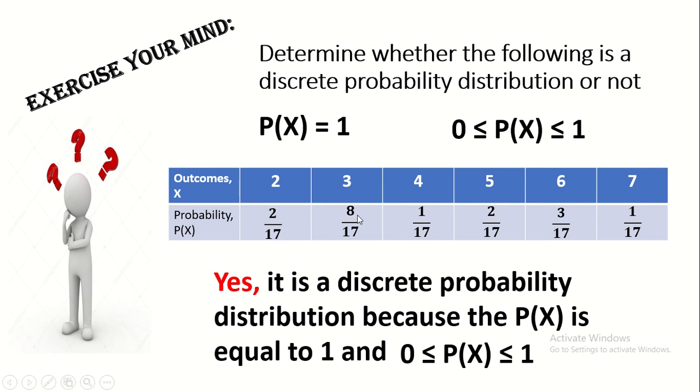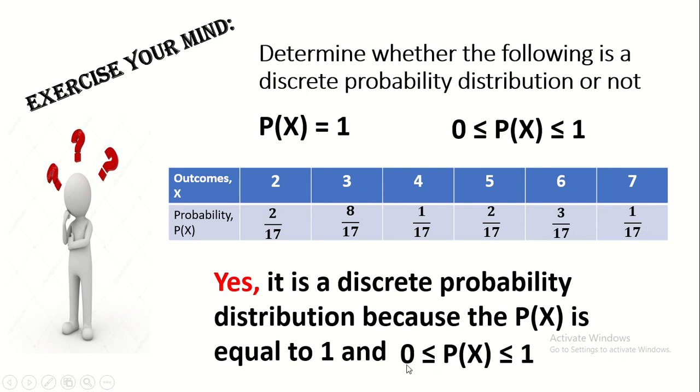So 2 plus 8, that is 10, plus 1, that is 11, plus 2, that is 13, plus 3, that is 16, plus 1, that is 17. 17 over 17, that is equal to 1.